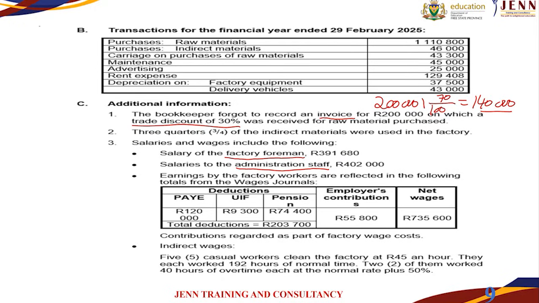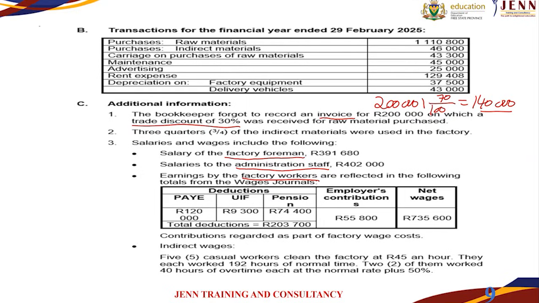Now, what is important here is the word factory workers. So meaning these factory workers are the employees that we are looking for. These are the employees who worked directly in the production process. So now, these are the employees that we need to use if we want to calculate our direct labor cost.